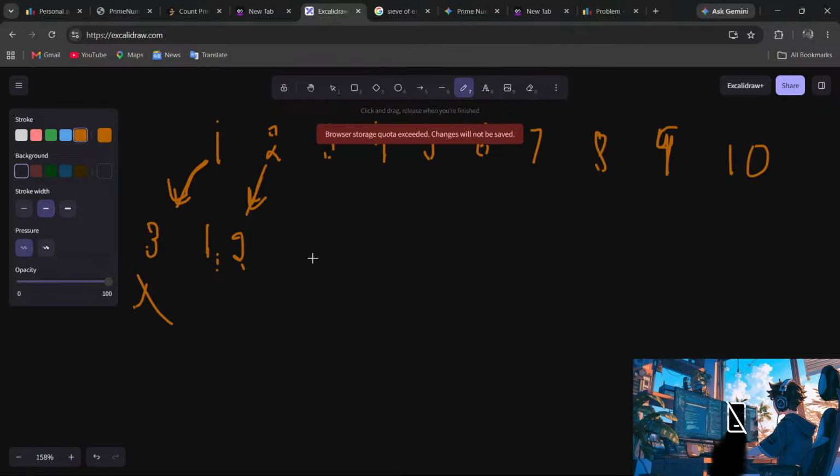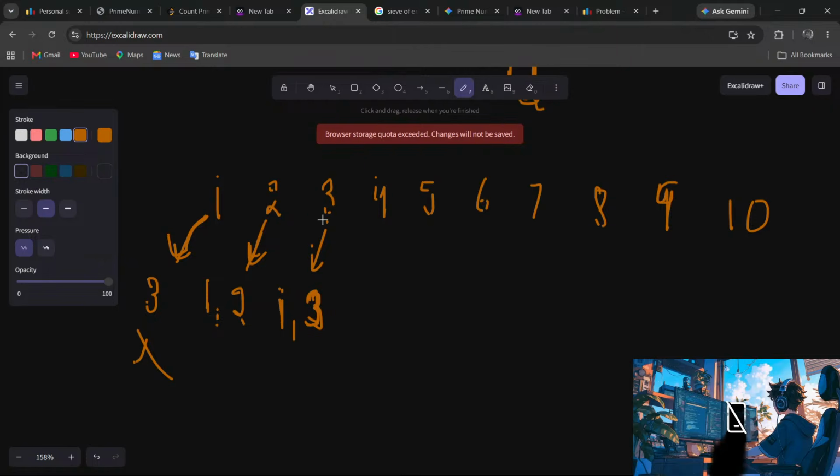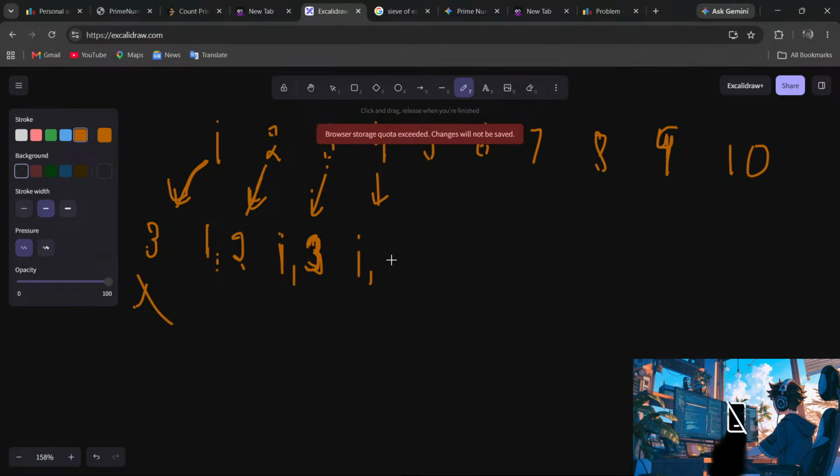So let's talk about 3. 3 will also never become T prime because it has two distinct divisors, 1 and 3, but I will never get any number which is basically the third divisor which divides 3. If I talk about 4, I know that 4 has one divisor 1 and another divisor 4.